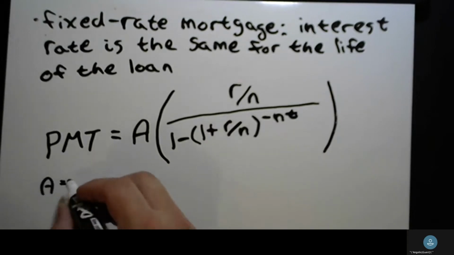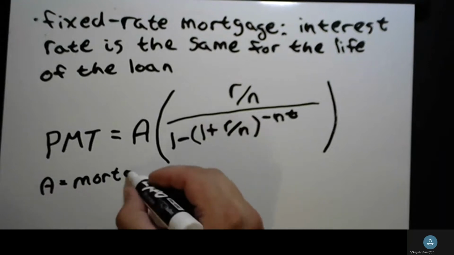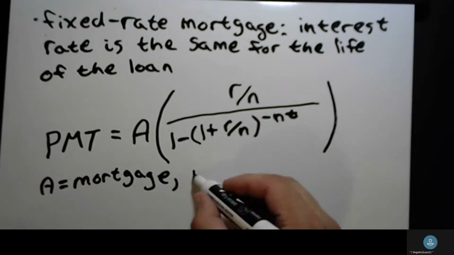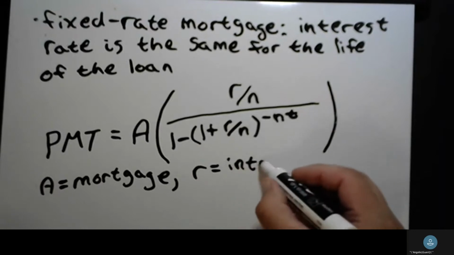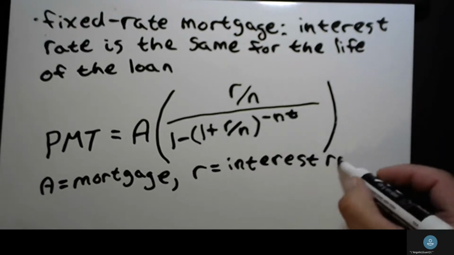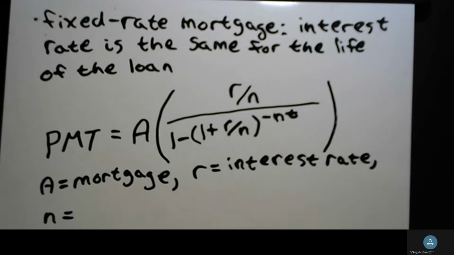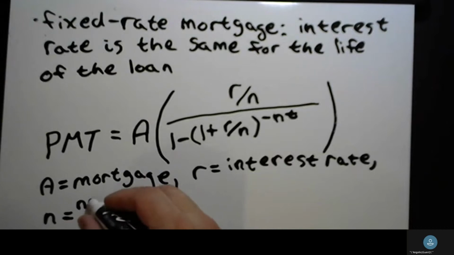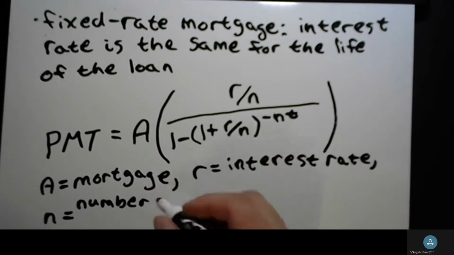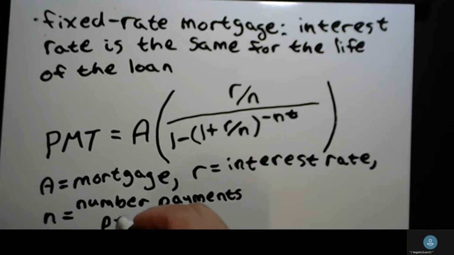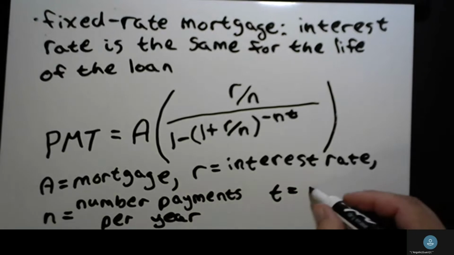Where A is the total mortgage, R is the interest rate, N is the number of payments per year, and this is usually 12, usually a month, and T is years.